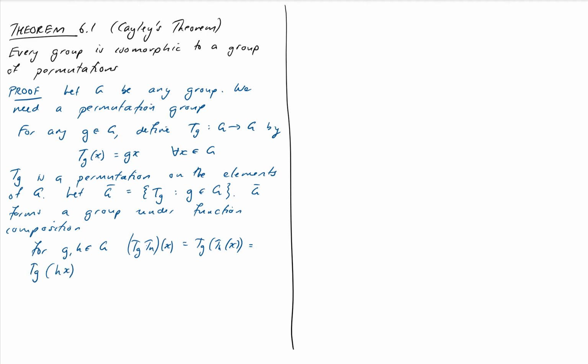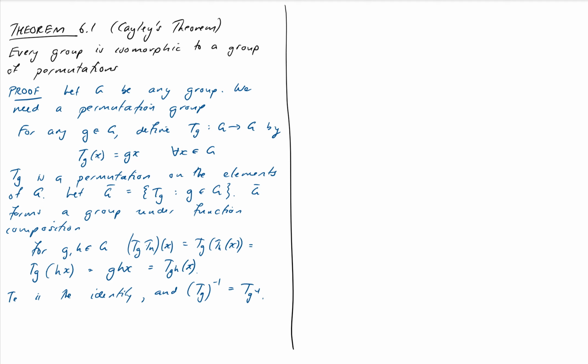T_g of hx, which equals g times hx, which then equals T_gh of x. Okay, so that's how we compose members in this permutation group together. We just multiply their subscripts. The identity T_e is the identity, and the inverse of an element T_g is just equal to T_g inverse.